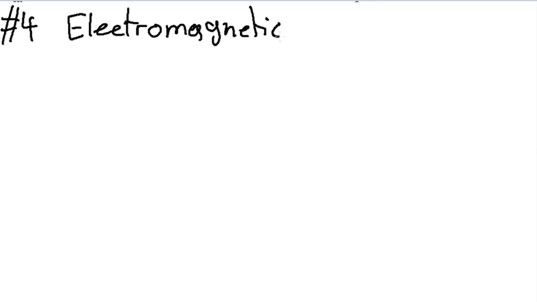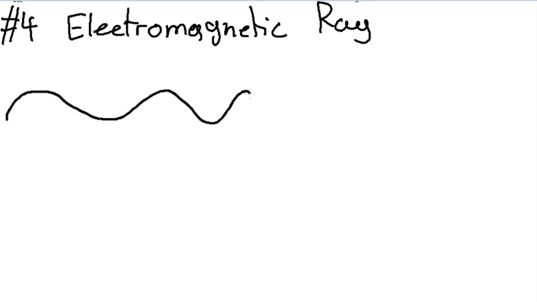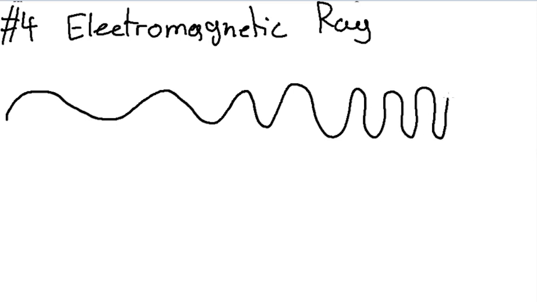Light is an electromagnetic ray. It's a pretty long word, but it's not too complicated. So electromagnetic, I'm sure you're familiar with electromagnetic spectrum. So it's this, right? So we have waves, and then frequency goes higher like this.